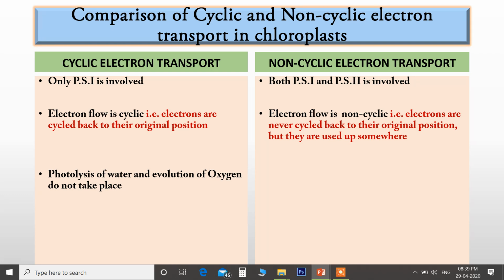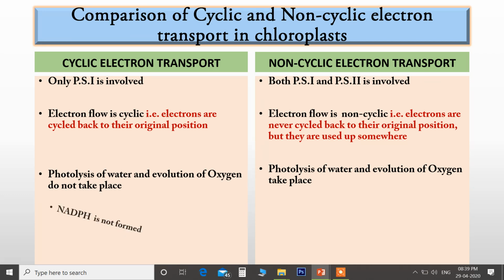The next point, in cyclic electron transport, photolysis of water and evolution of oxygen do not take place. But photolysis of water and evolution of oxygen take place in non-cyclic electron transport. NADPH is not formed in cyclic electron transport, but NADPH is formed in non-cyclic electron transport.